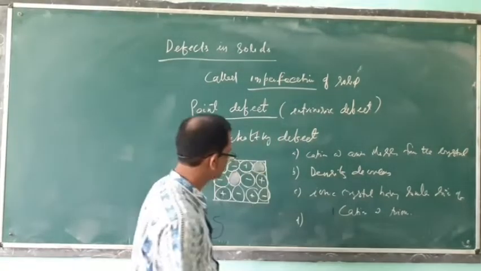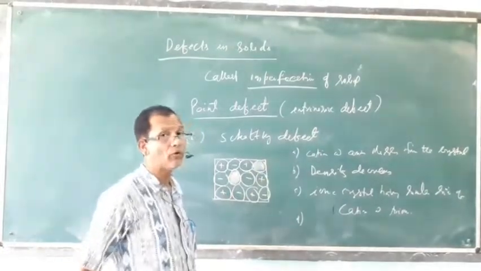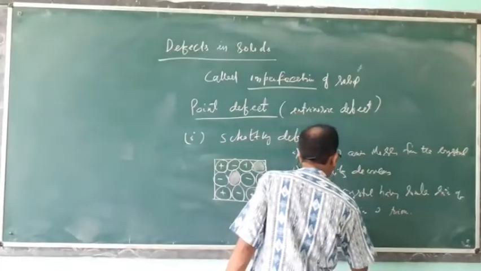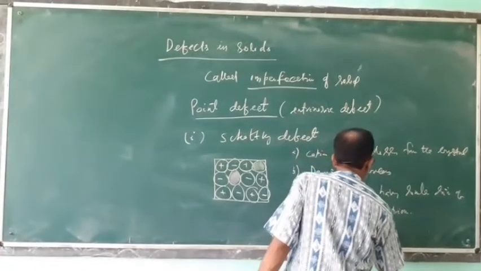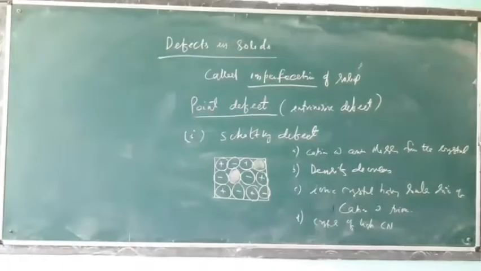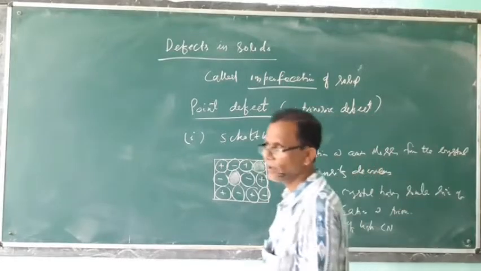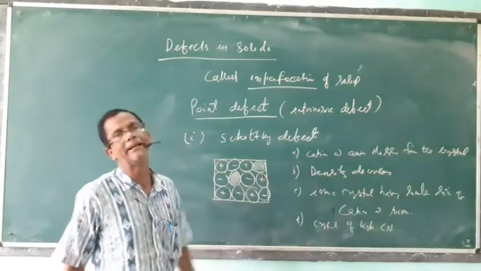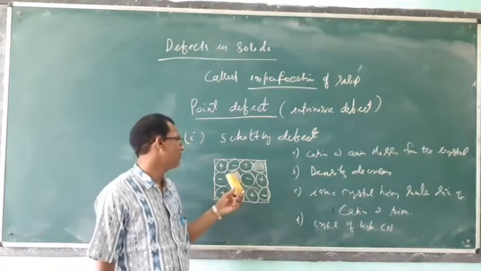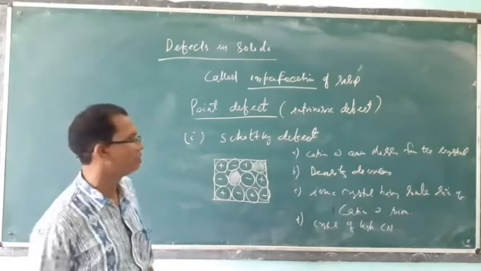And another importance is crystals of high coordination number show this type of defect. And this type of defect is generally observed when the crystal is heated. When the crystal is heated, the same number of cations and anions are removed from the lattice points.